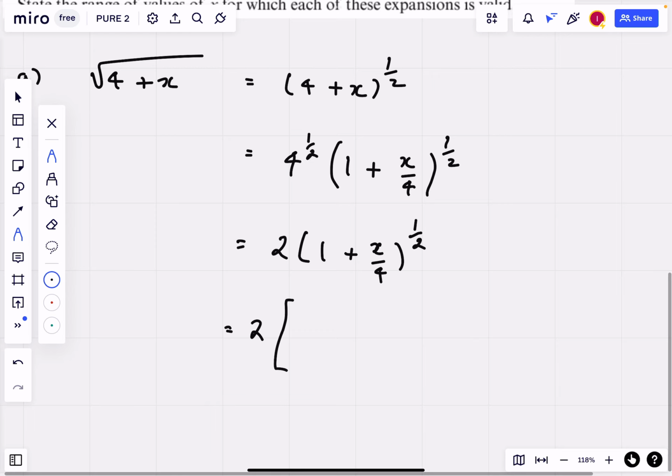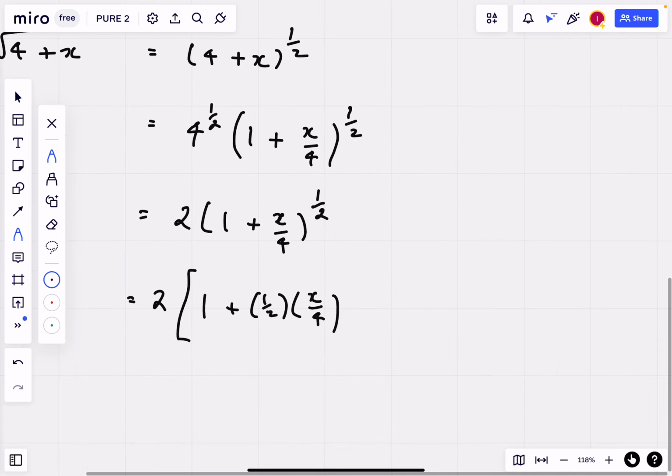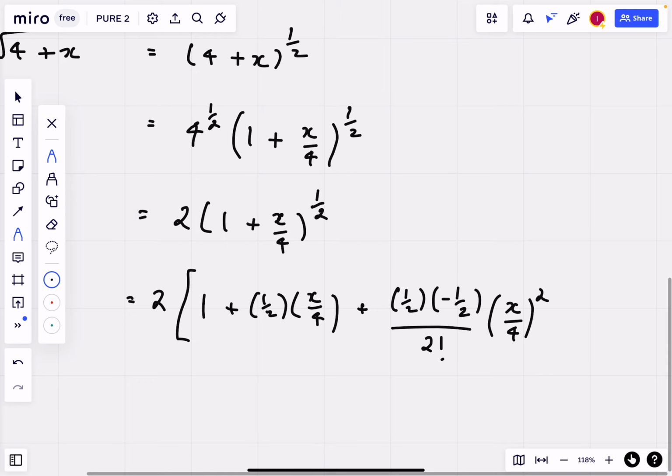Okay, we start off with 1 plus n times x, plus n times n minus 1 all over 2 factorial, and then x squared.